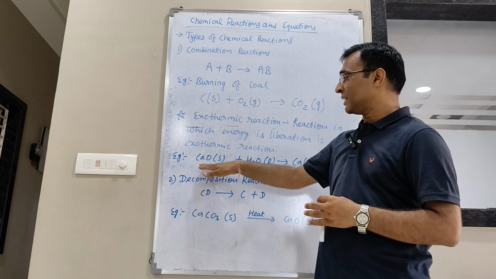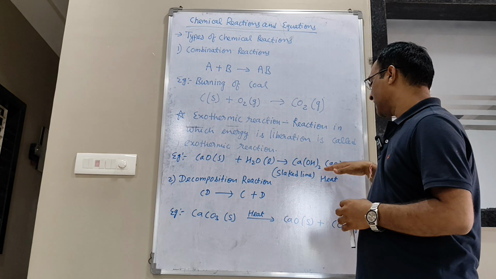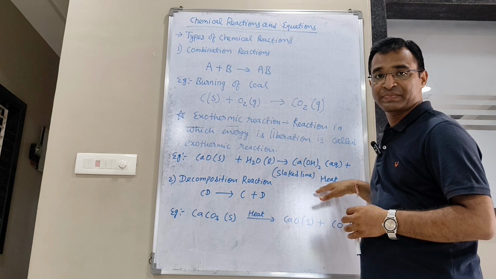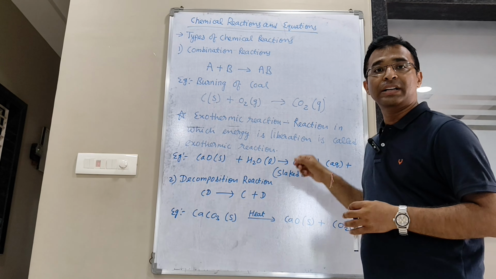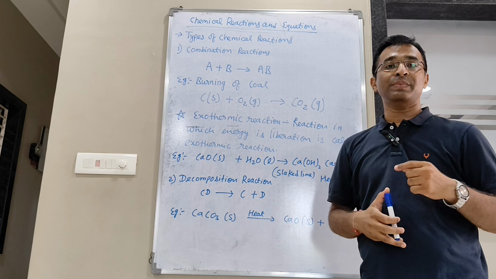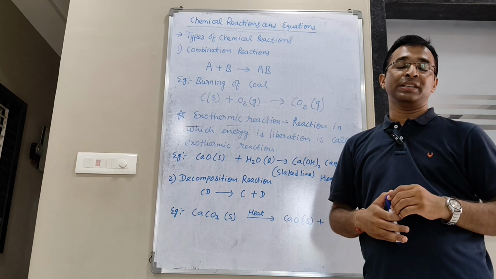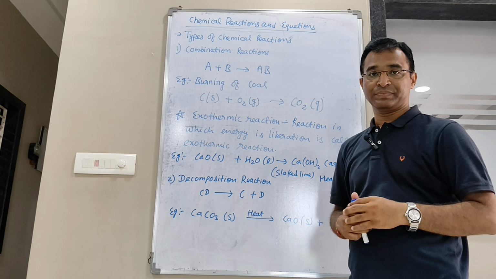Consider an example where CaO reacts with H2O to give slaked lime, which is Ca(OH)2, and heat is liberated. When slaked lime is formed, the temperature of the reaction is increased. So that is meant by an exothermic reaction, the reaction in which energy or heat is liberated.